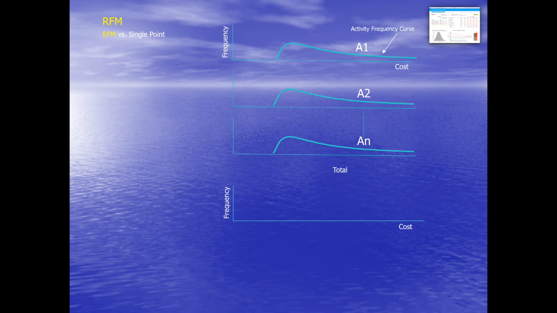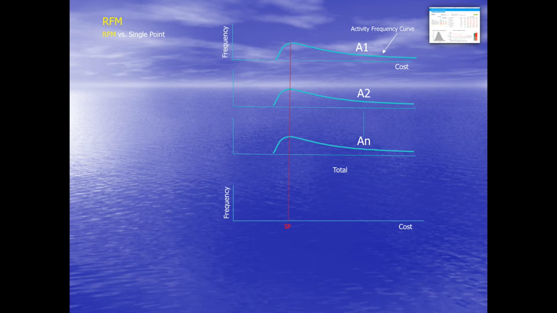Hence, in order to derive the total predicted single point forecasting value, simply add all the numbers corresponding to the top of the frequency curve. So you take this number here, add this to get to the total, which is this. Now, this is very simple, very straightforward, no fuss, but very misleading.